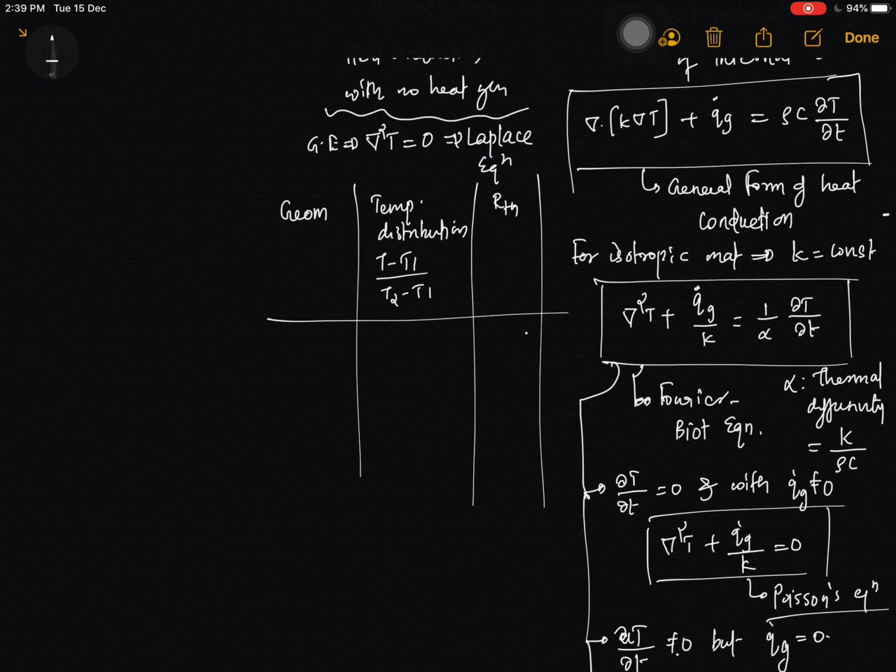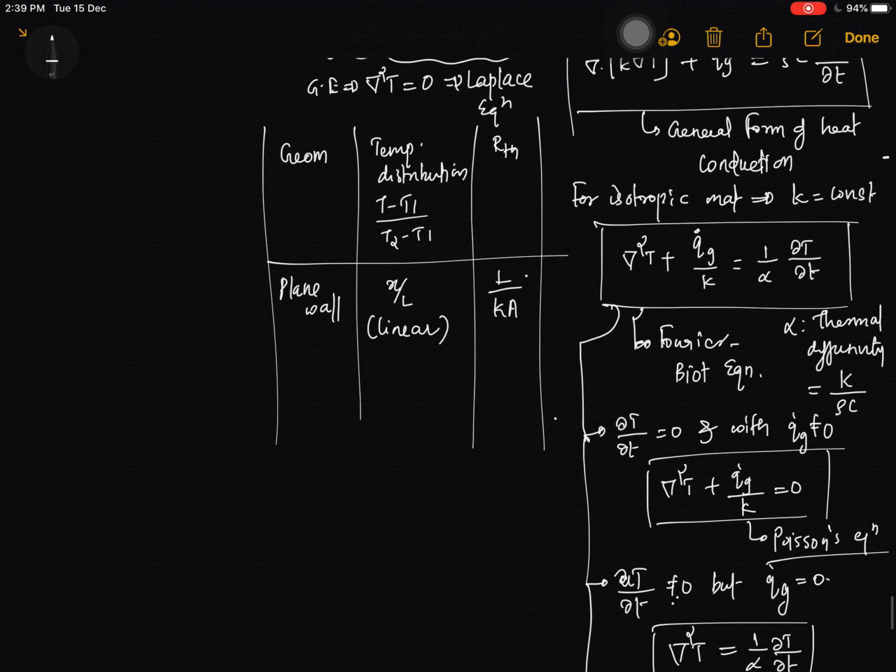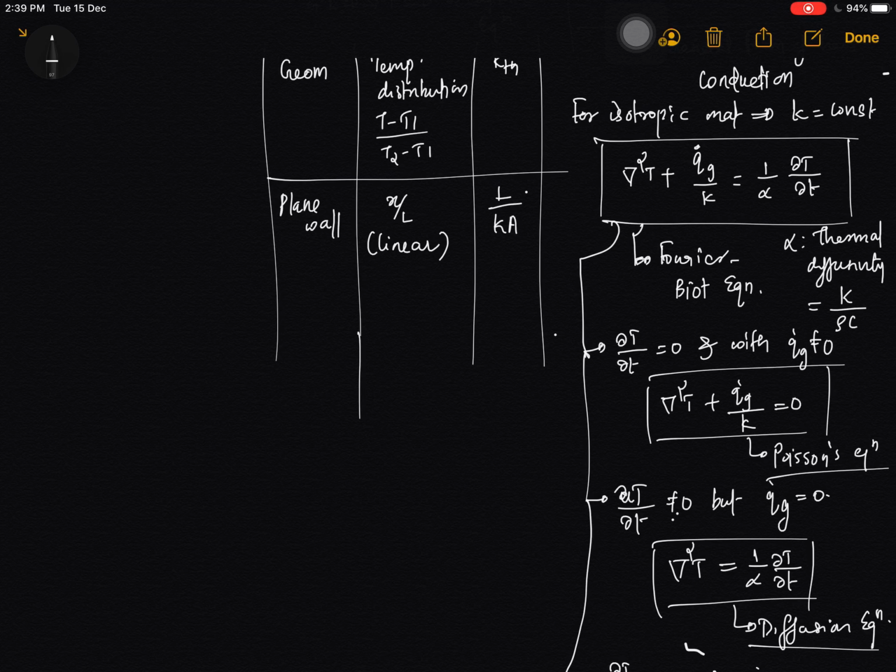So we have dealt with this steady one-dimensional heat conduction for three geometries, which are plane wall. For this plane wall we have found the temperature distribution as x by L, which is linear in nature, and also the thermal resistance as L by KA, where K is the thermal conductivity, L is the length, and A is the area of heat conduction.